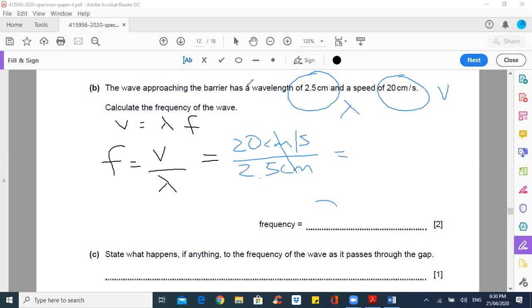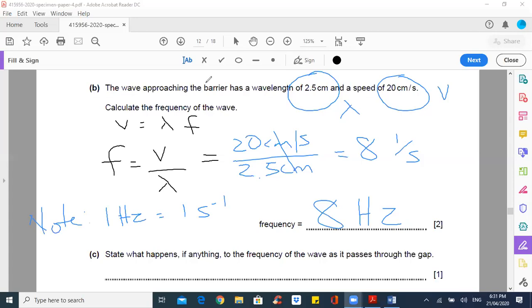Which is equal to 8 Hz, or we could say 1 over second. Note that 1 hertz is the same thing as 1 inverse second, or 1 over s. So whichever one of the units you want to use is the same thing. So 8 hertz. Everybody understand how we get that? Nice. So moving on.